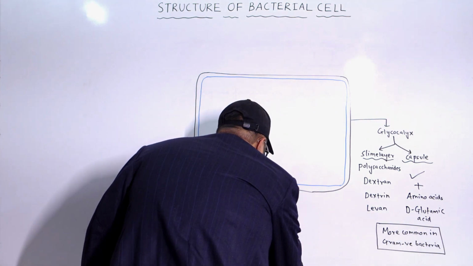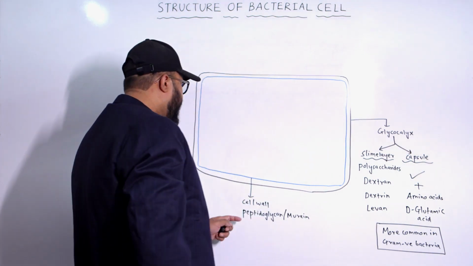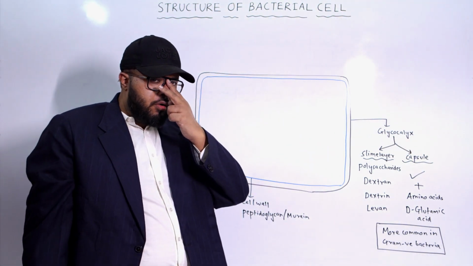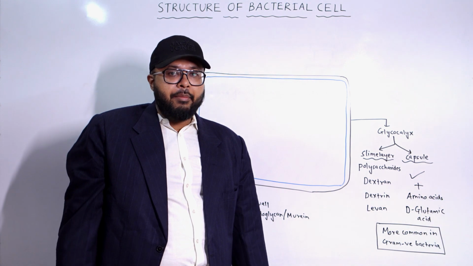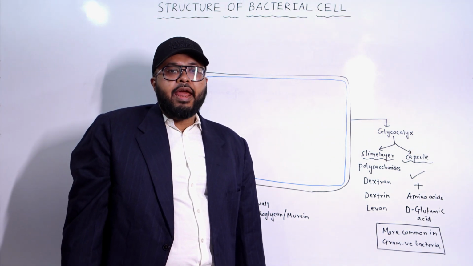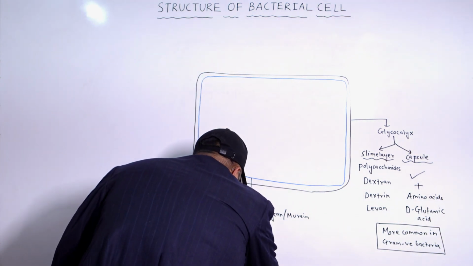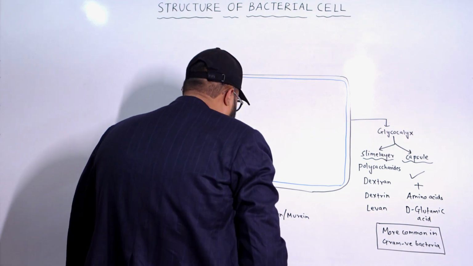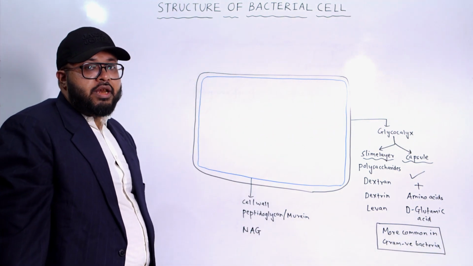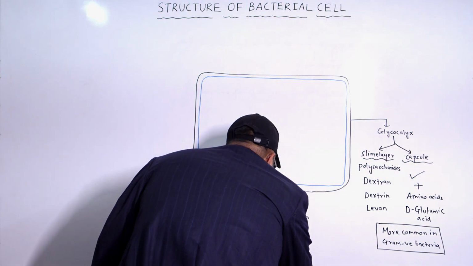It is also known as murein. Peptidoglycan is made up of modified sugars and amino acids. It is made up of repeating units of N-acetylglucosamine, NAG, and N-acetylmuramic acid, NAM.